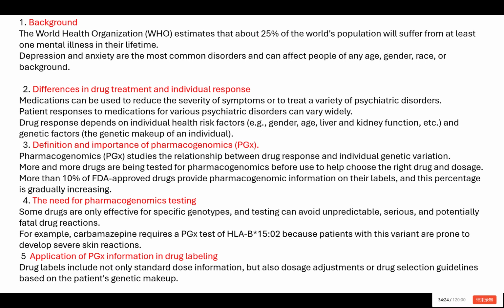Drug labels include not only standard dose information but also dosage adjustments or drug selection guidelines based on the patient's genetic makeup. Thank you.